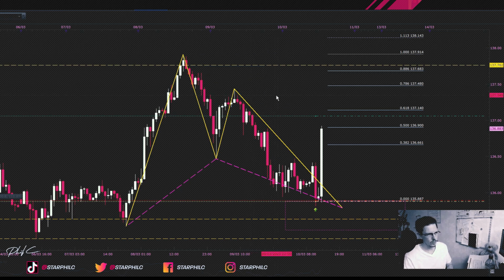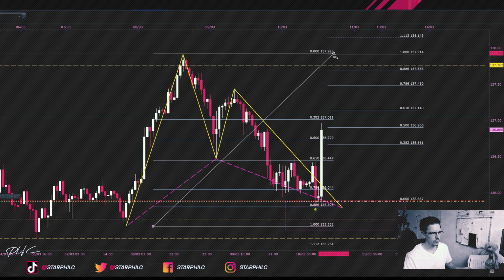The third criteria is a Fibonacci retracement from the full leg of the move, right? So this impulse leg, swing low to swing high. And I'm looking for a CD completion, so the market to come all the way down into an 886, right?